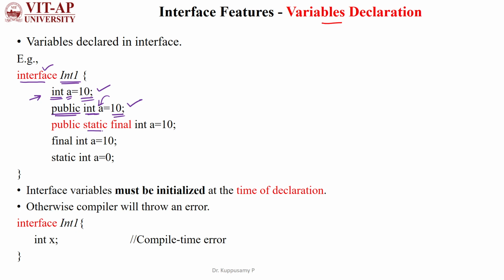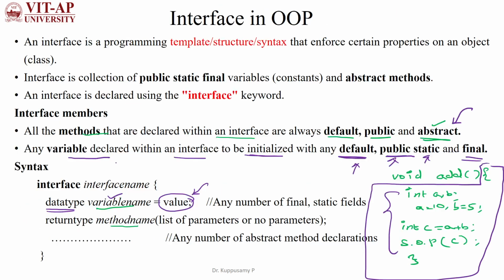Then it may be a static and final variable, and it should be initialized during declaration. If we declare the variable as final, that means we cannot change the value of a throughout the program, so it should be initialized during the declaration itself. Also, the variable can be declared as static, and it should be initialized during declaration time itself. So yes, we have seen the statements here, right?